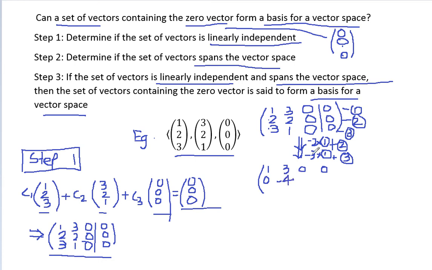So this will be 0, and this will be 0. Now for the third row, minus 3 times 1 equals minus 3, minus 3 plus 3 equals 0. Then minus 3 times 3 equals minus 9, minus 9 plus 1 equals minus 8. And this will be 0 and 0.